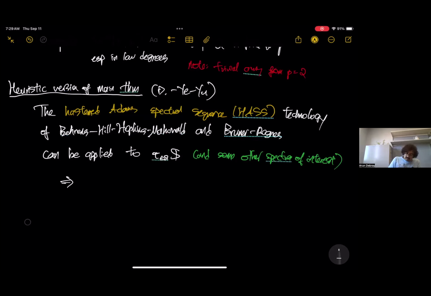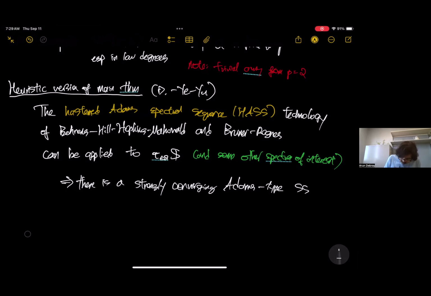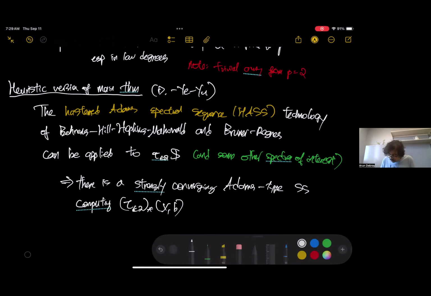And as a result, there is a strongly converging Adams type spectral sequence computing this twisted dual of supercohomology.